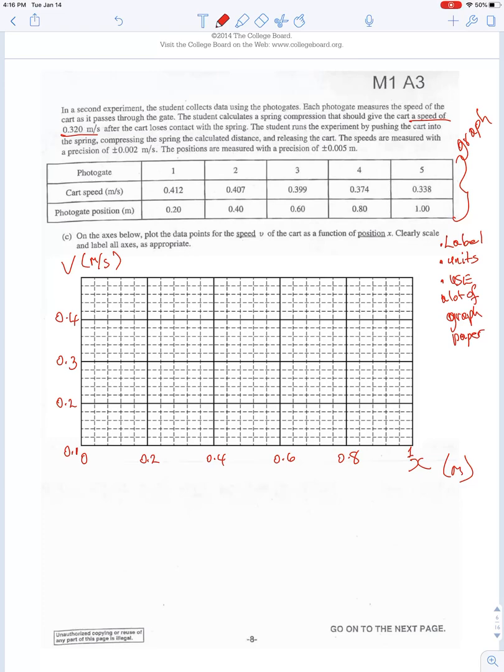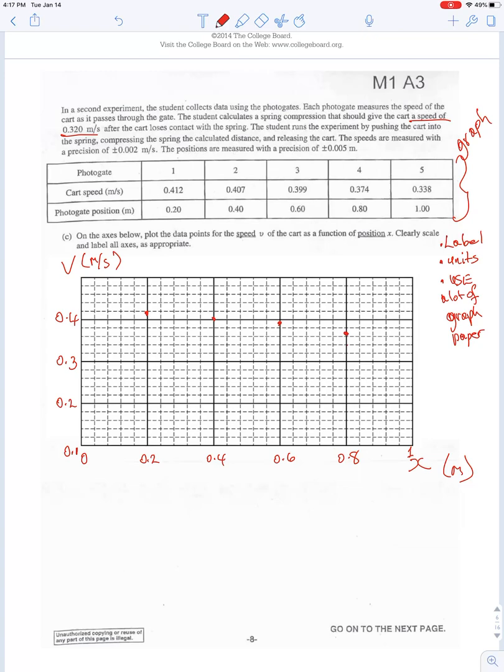0.412 and 0.2 somewhere here. Remember, you don't have to be extremely accurate when doing this. It's a rough plot, man. 0.47 somewhere here, and 0.4 somewhere here. 0.39 somewhere here, and 0.3, so that's 0.346, 0.347 somewhere here.